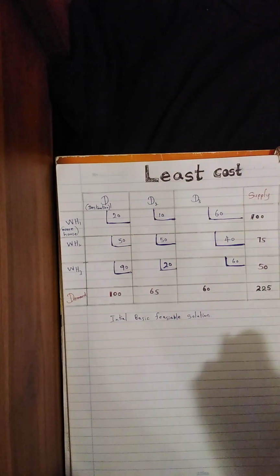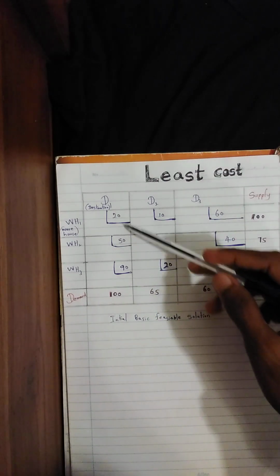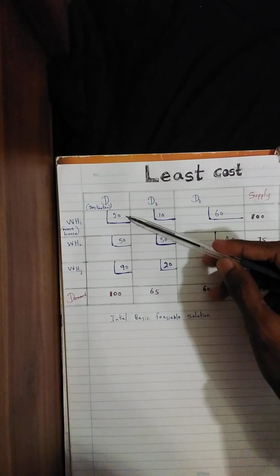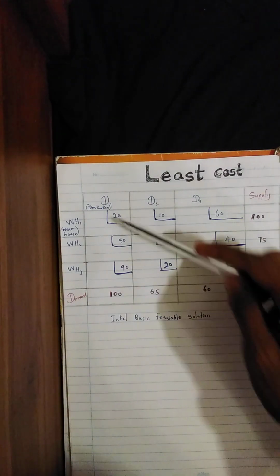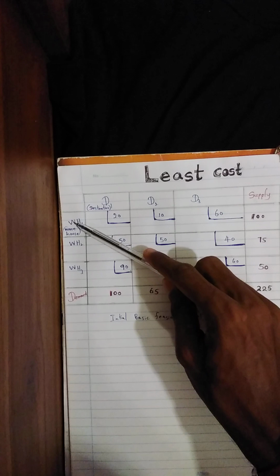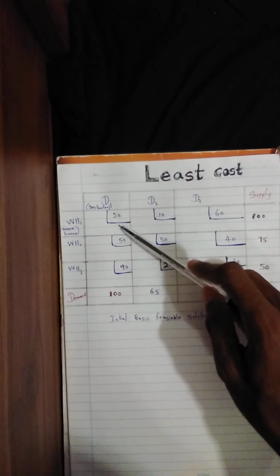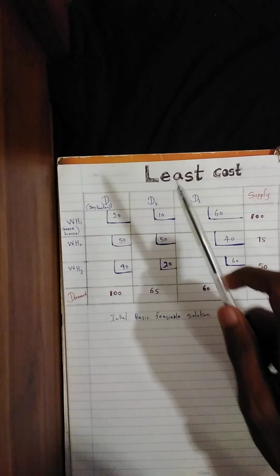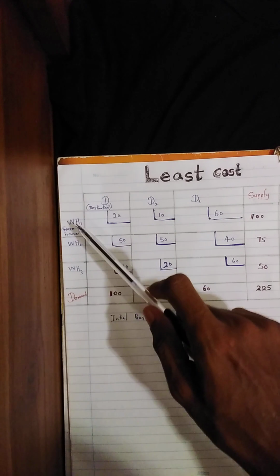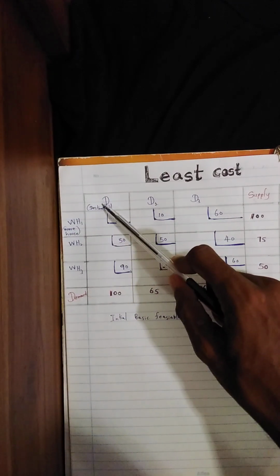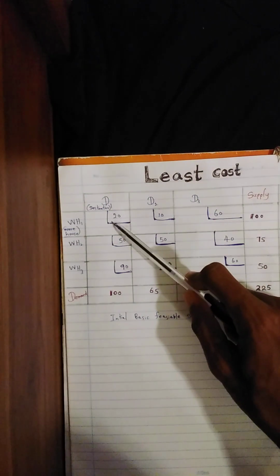In these values, let me explain. Each of these values indicates the transportation cost from warehouse 1 to destination 1. If you want to deliver one item from warehouse 1 to destination 1, this is the per unit transportation cost.